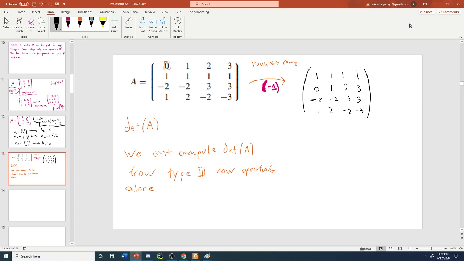So what I'm going to do is set row 3 equal to row 3 plus 2 times row 1, and row 4 is going to be equal to row 4 minus row 1. And we do both of these operations in a single step. First row stays the same, as does the second row.